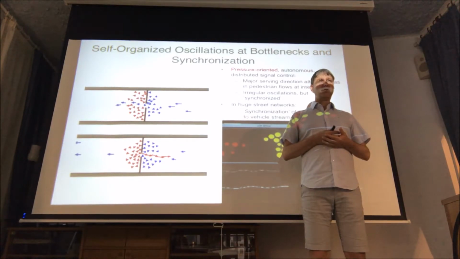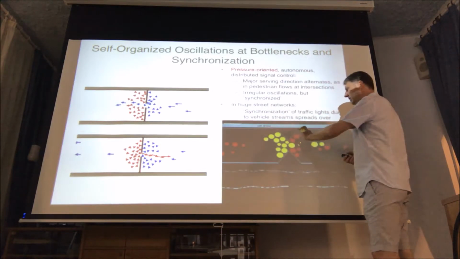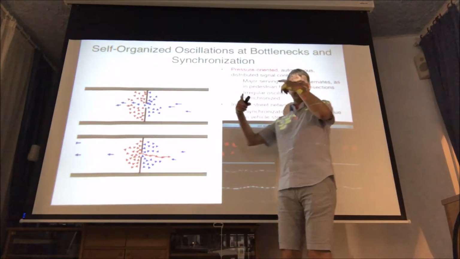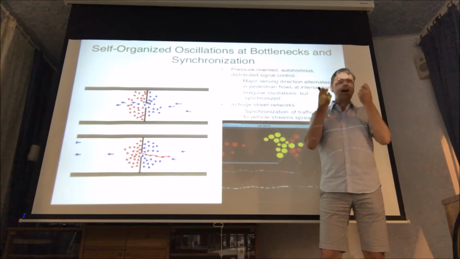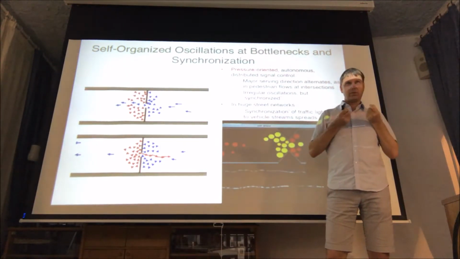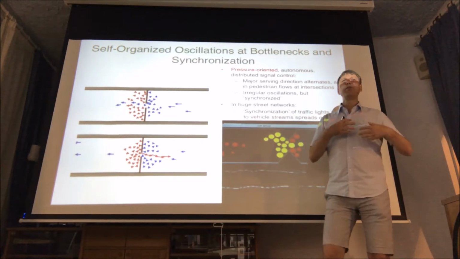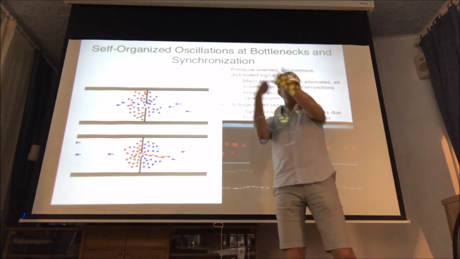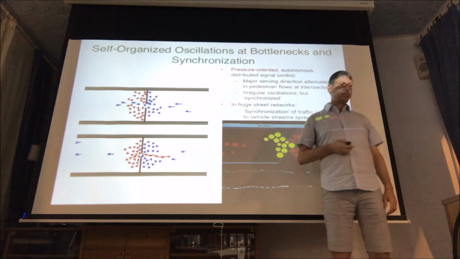We were asking ourselves, couldn't we introduce a pressure principle that would create self-organized oscillations that would allow us to define a traffic light control. So basically, we came up with a traffic light control where the traffic flows were controlling the traffic lights rather than the other way around, a bottom-up control.